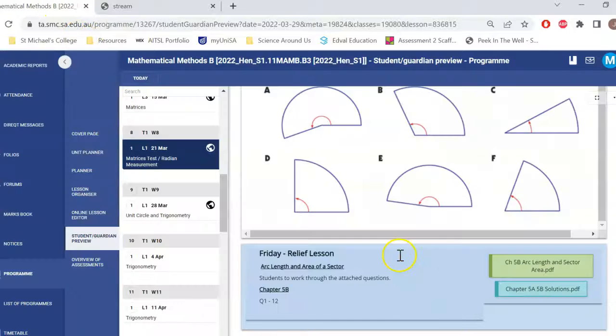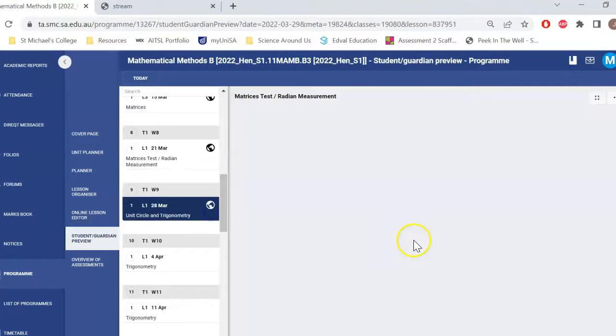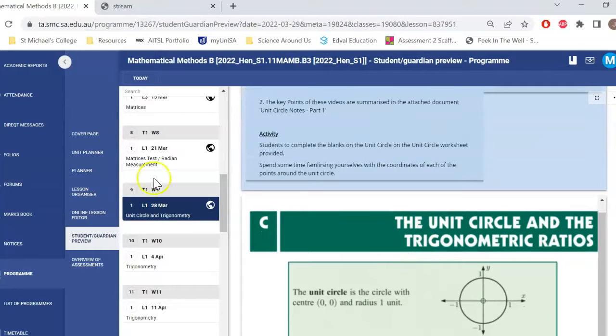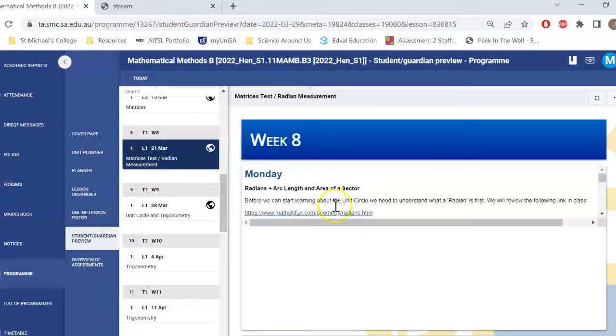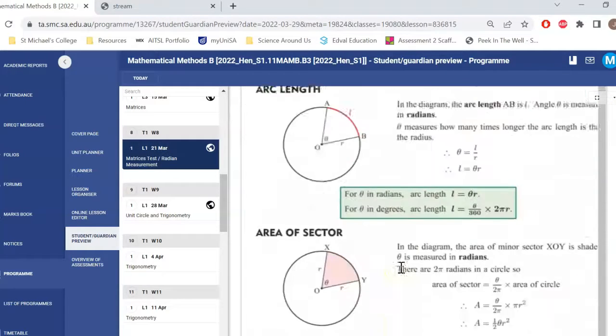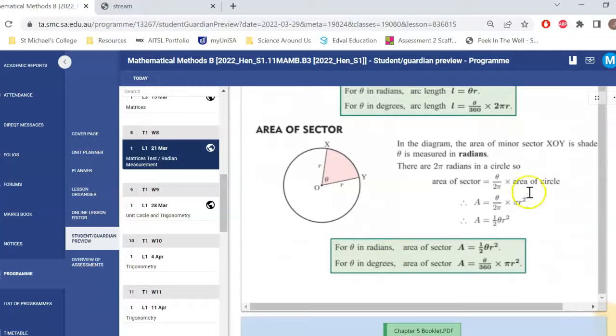Now, if we just quickly come to this page here, we can see the area of a full circle. For a full circle, we know that the circumference in radians is 2 pi.